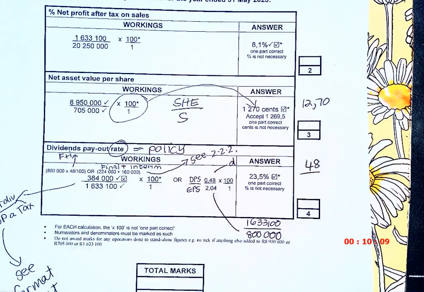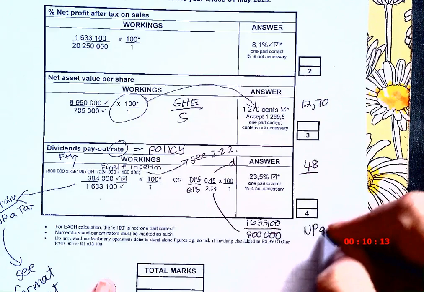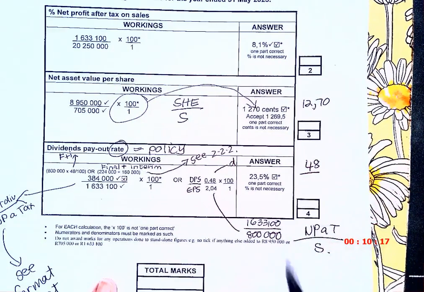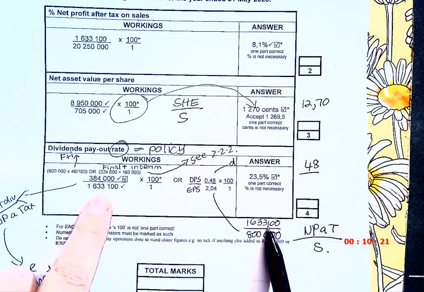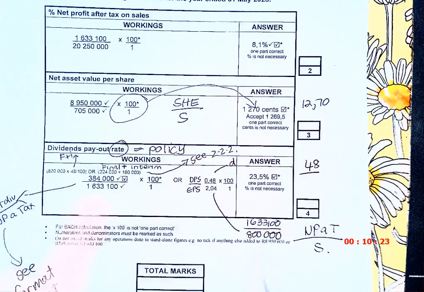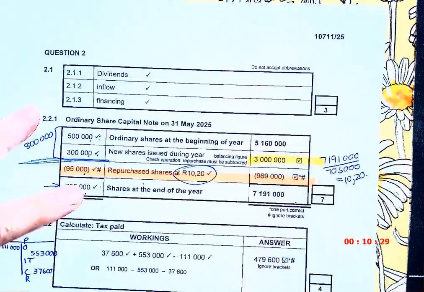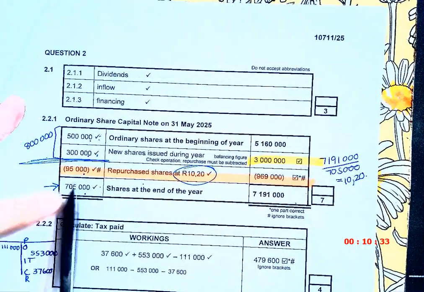They want the EPS. What is the ratio for EPS? It's net profit after tax over shares. So the net profit after tax, I've just shown you the 1633. How many shares were in issue? Now remember, we were working the dividends on the shares before the repurchase, right?